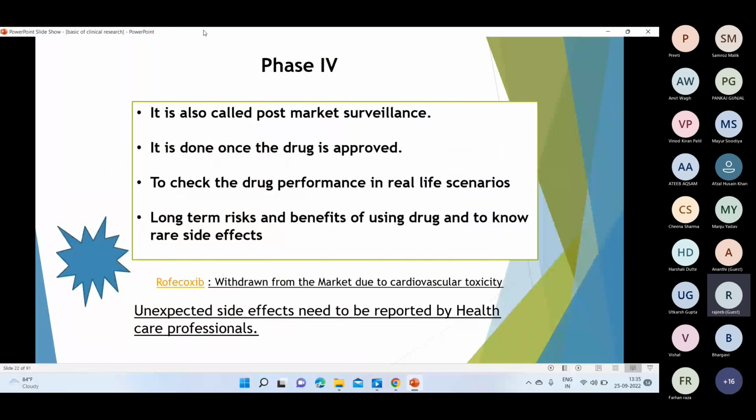So now coming to phase 4. After the phase 3 data, the drug is launched in the market. Now, in a clinical trial setting, things are well controlled. The subject comes to the hospital, the pharmacist gives the drug, and in front of the nurse the person takes the drug. We have well-controlled circumstances as well.